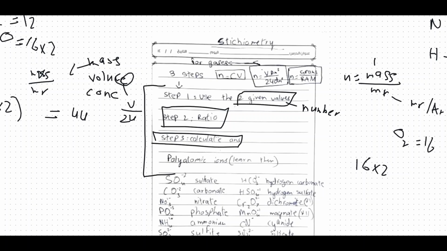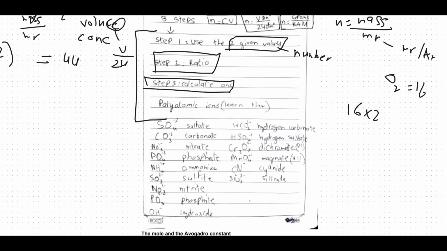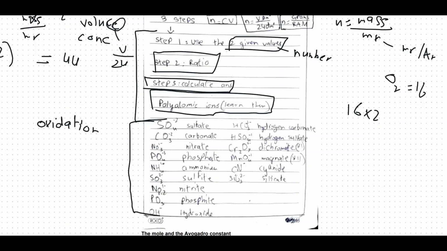So before I continue, you have to memorize the polyatomic ions, because these are very important in 2 chapters, stoichiometry and oxidation. Memorize all of these polyatomic ions, and especially their charge, because charge becomes very important in oxidation numbers.